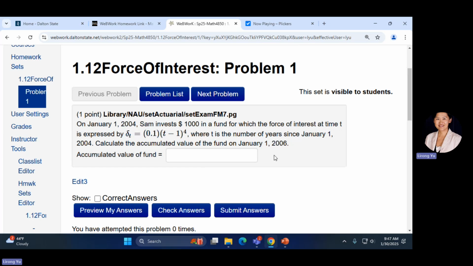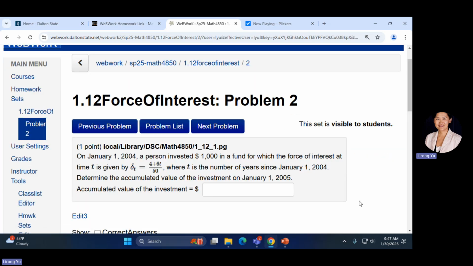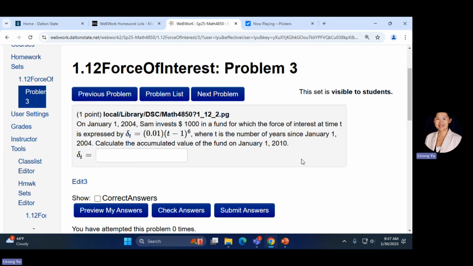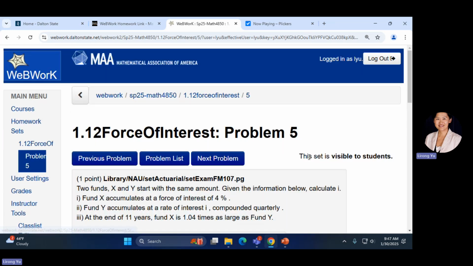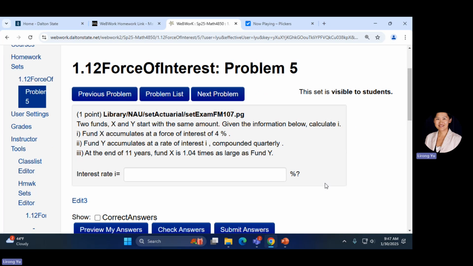Obviously, you have to know your accumulation function, so you integrate the force of interest and raise e to that power to get your accumulation function, and that allows you to calculate future value. Most of these questions are in a scenario where the force of interest is given and you're trying to determine the accumulation function.